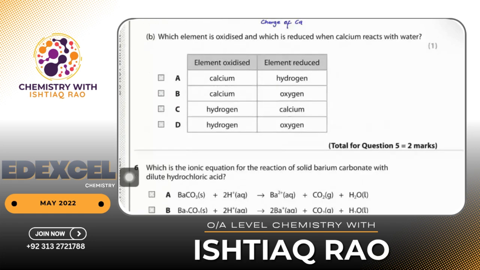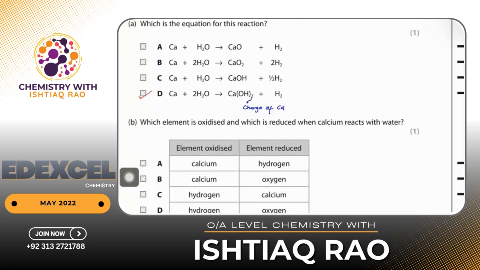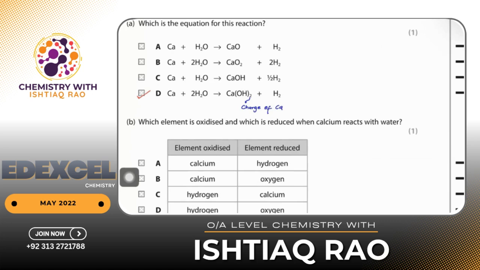Which element is oxidized and which is reduced when calcium reacts with water? So if we can see this equation, I can say that the charge for calcium is 0 and the charge for calcium is +2, and the charge for hydrogen is +1 and the charge is 0.